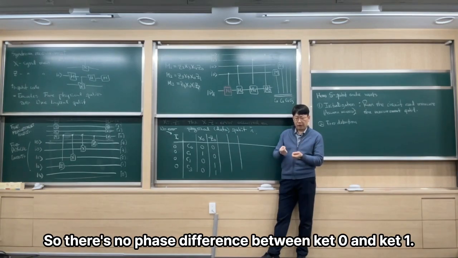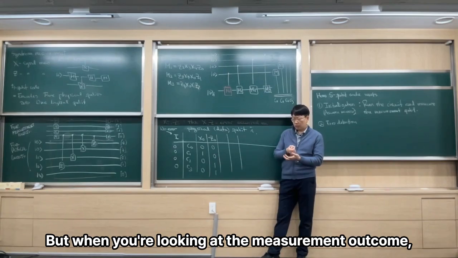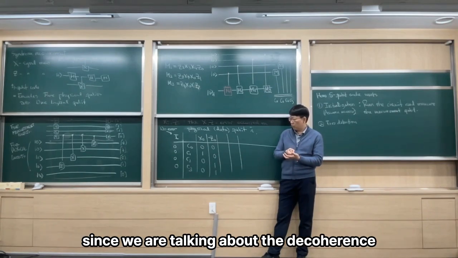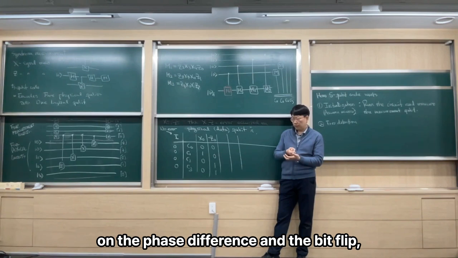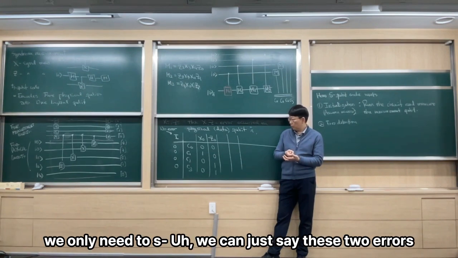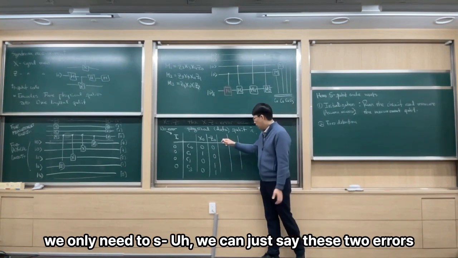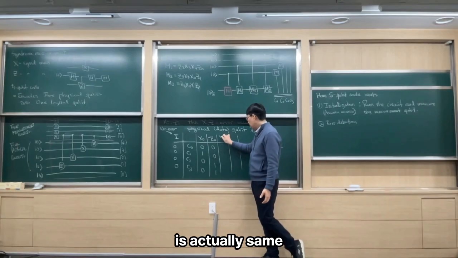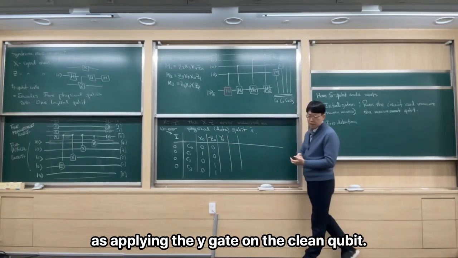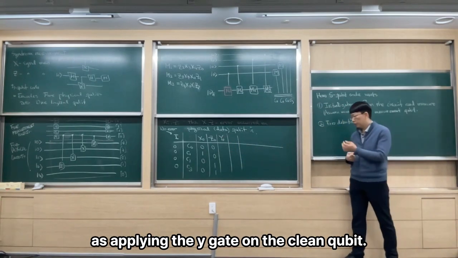So there's no phase difference between ket 0 and ket 1. But when you're looking at the measurement outcome, since we are talking about the decoherence on the phase difference and the bit flip, we can just say these two errors are actually the same as applying the Y gate on the same qubit.